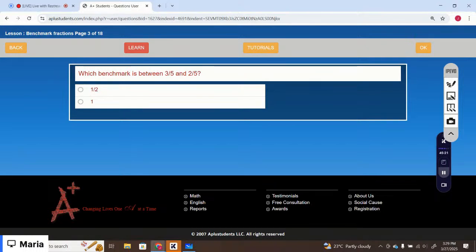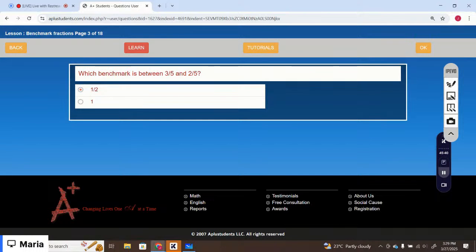Which benchmark is between 3/5 and 2/3? That is half. Option number 1 is the correct option.